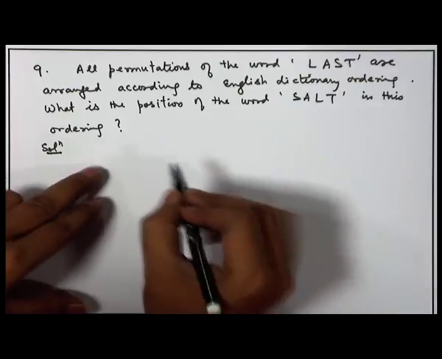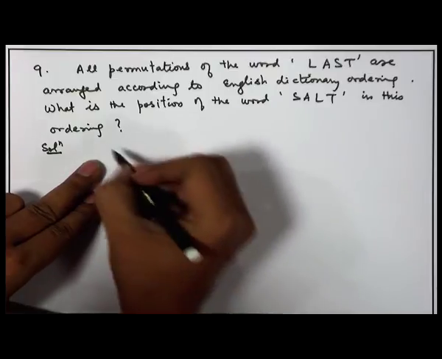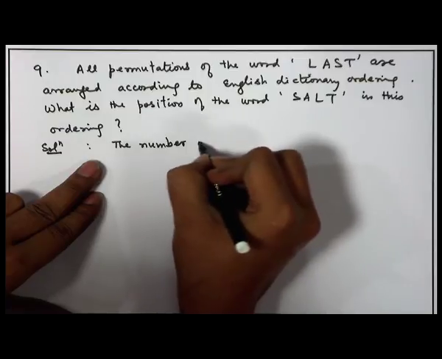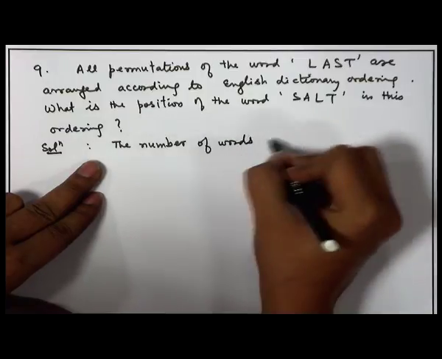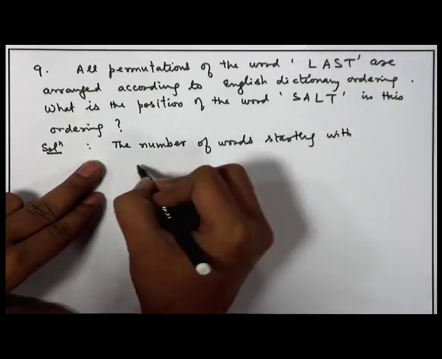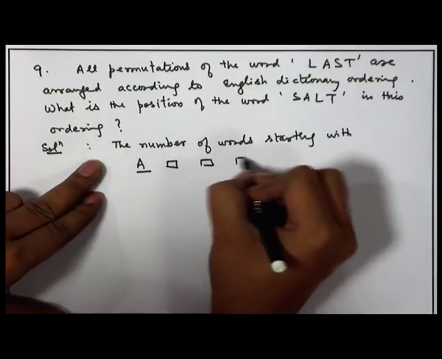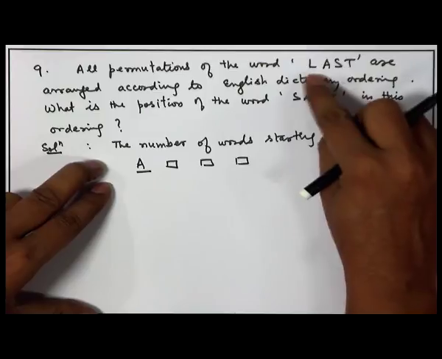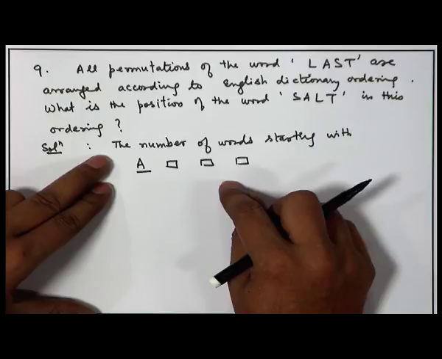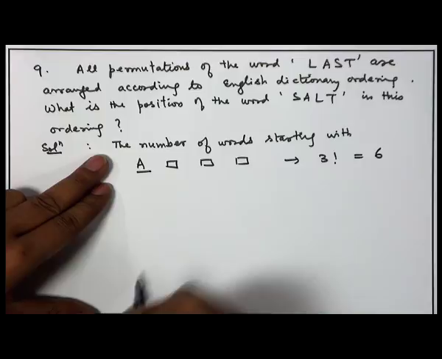Firstly, we consider the words which start with A. How many such words are there? The first letter is A, and the remaining L, S, T can be permuted in 3 factorial ways. So the total number of words will be 6.